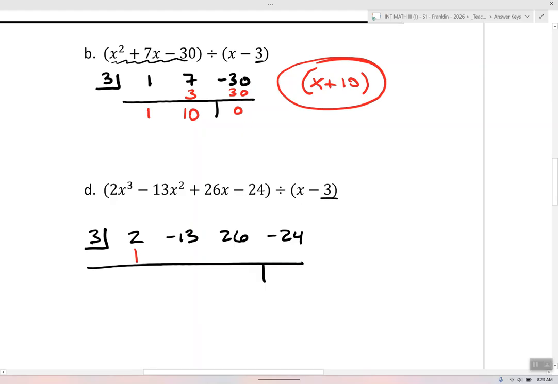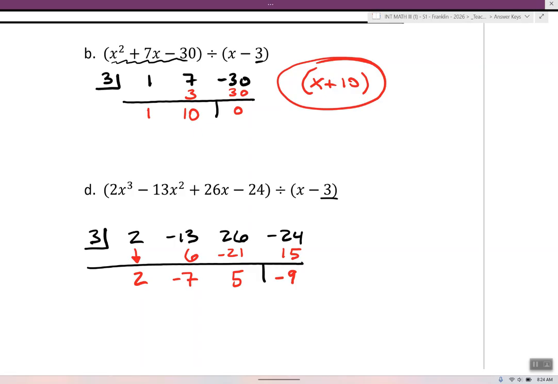So let's bring down that first one. 2 times 3 is 6. Add down, we get negative 7. Negative 7 times 3 is negative 21. Add down, we get 5. And 5 times 3 is 15. Add down, we get negative 9. So we do have a remainder here. And I'll show you how that works.